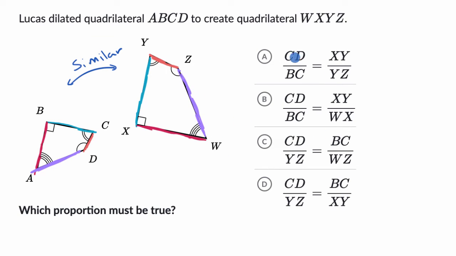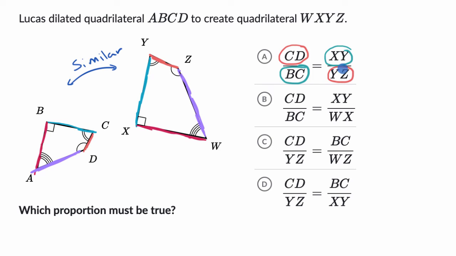So this first one has the length of segment CD, the ratio between that and BC, and BC is my blue one, or my teal color, I should say. They're saying that's the same as XY, which is in teal, to YZ.